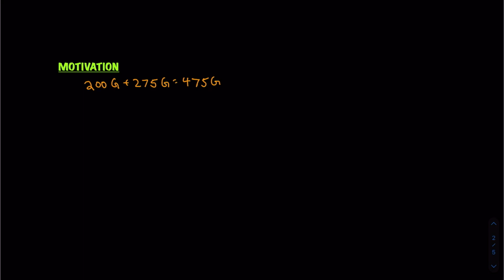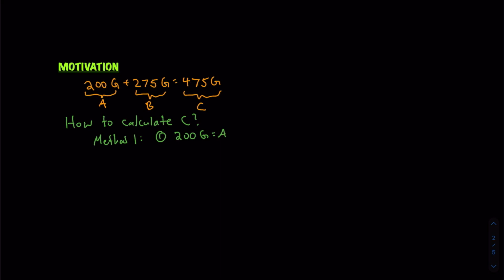Now, there's a subtle but really cool thing going on here, and to help us see it, I will name these points. So let's call 200G A, let's call 275G B, and the result, 475G, let's call it C. If I want to calculate what C is, there are two ways I can do this. I can either first calculate 200 times G equals A, then 275 times G equals B, and then do A plus B equals C. That's one way.